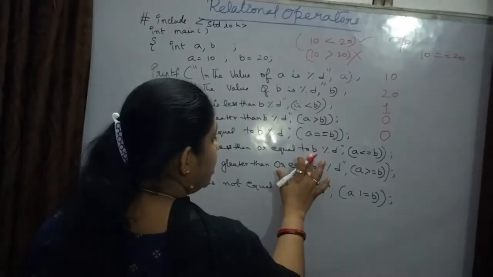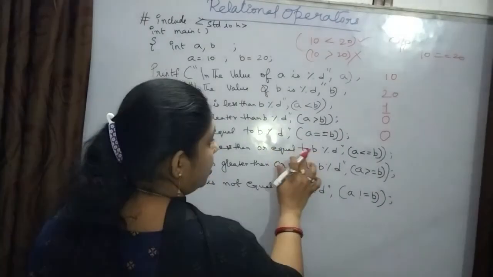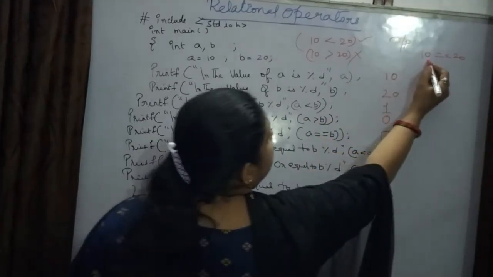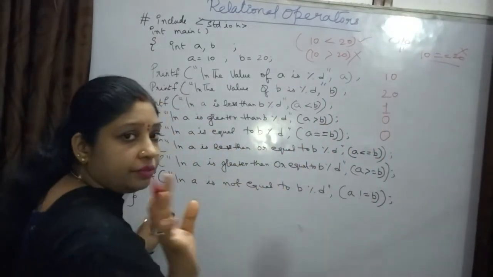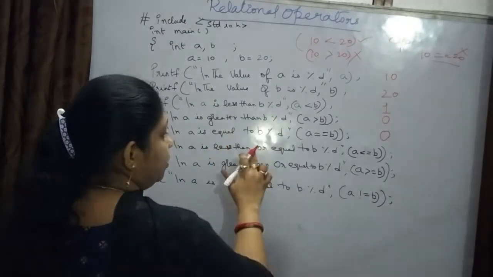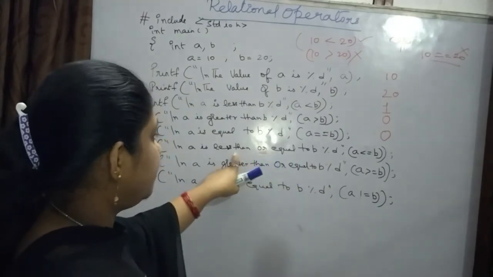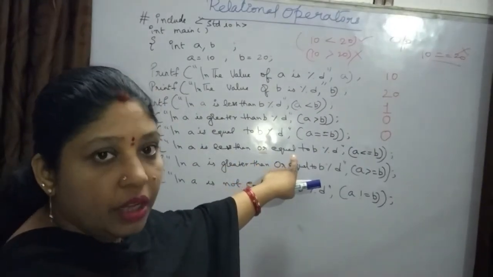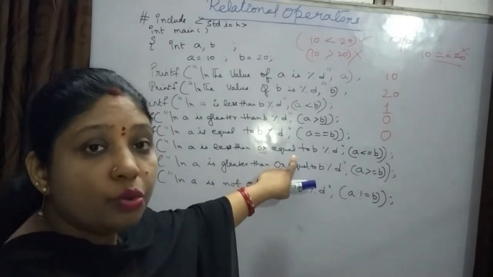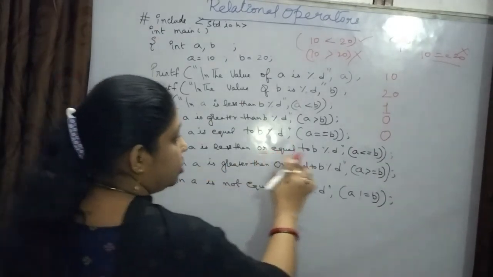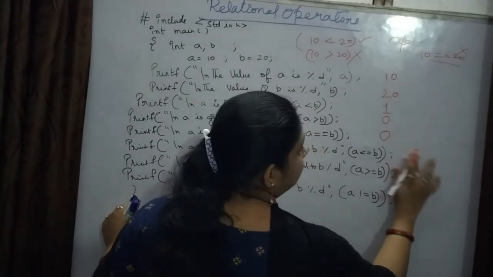Or A is equal to B? No, wrong. But since one condition is satisfied and you are using or, it is going to give the true value only. So the condition is true, then it's going to return 1.